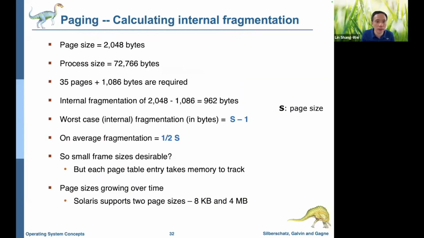So here I want to show you some characteristics about paging. Let's use this number as an example. Let's say our page size is 2048 bytes. And let's say here is a process. It requires this number of bytes. In this case, how many pages are we going to use for this process?